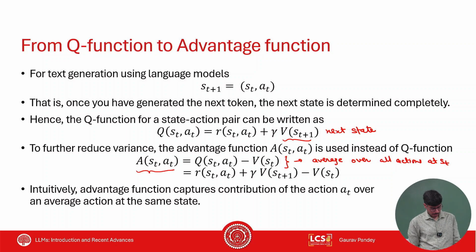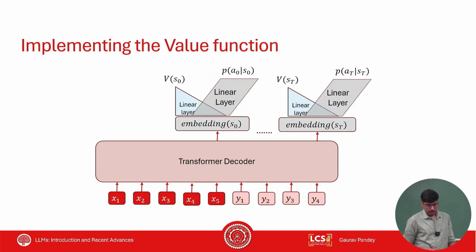So how do you implement this value function? Just like the reward function, the value function can be implemented by adding a linear layer on top of a decoder model. A decoder model at every step gives you a distribution over the next token.